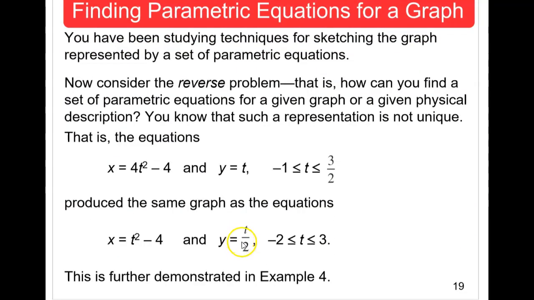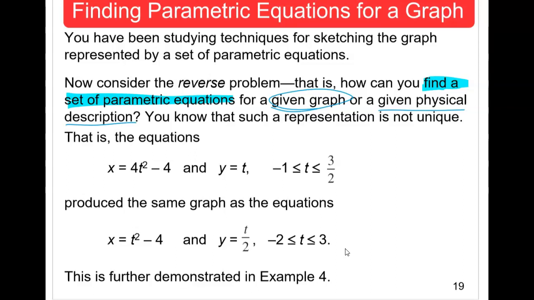So now that we've been studying how to sketch them, now we're going to consider the reverse problem, and that is, how can you find a set of parametric equations for a given graph or given physical description? You will see that those representations are not going to be unique.